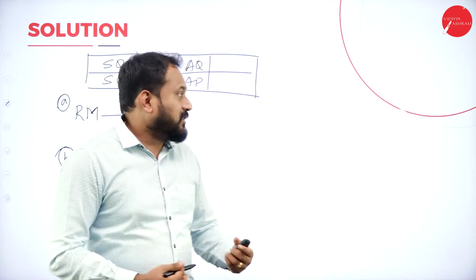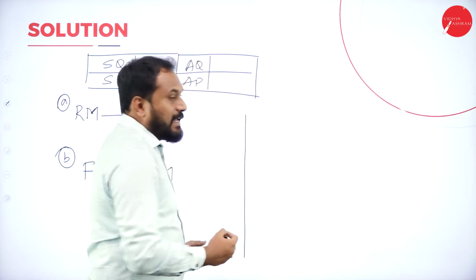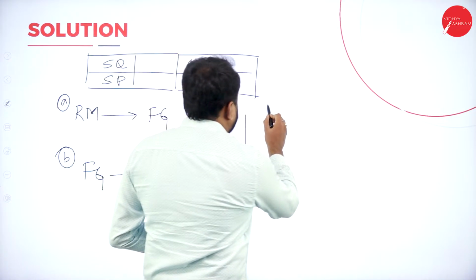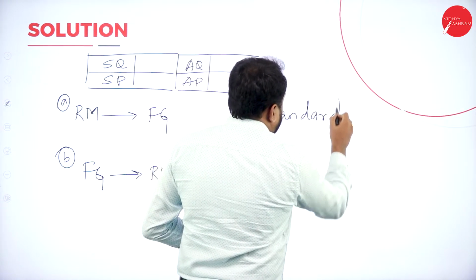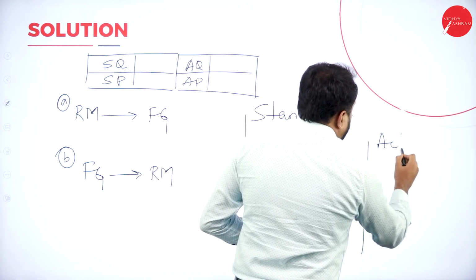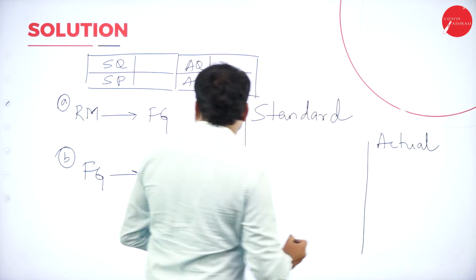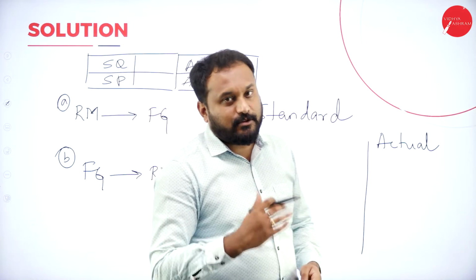We will write down all these things here itself. Here we write the standard, and here we write the actual. And if we get SQ, SP, AQ, AP, we'll start with our formula. That is how you are supposed to go.